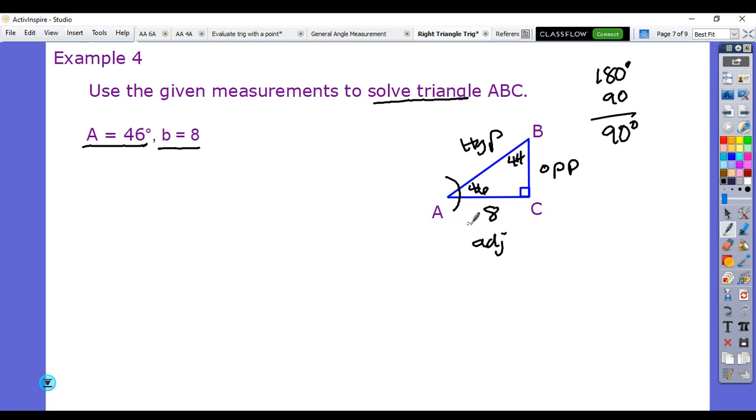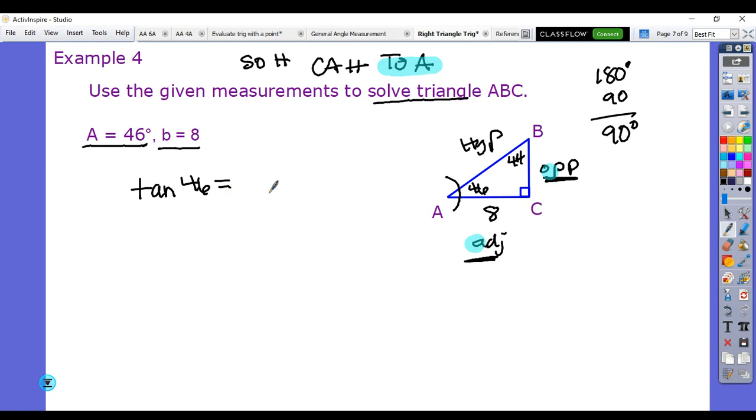So if I want to find the opposite side and I know the adjacent side, so soh cah toa, which one uses OA? Notice that's tangent. So I'm going to take tangent of 46.